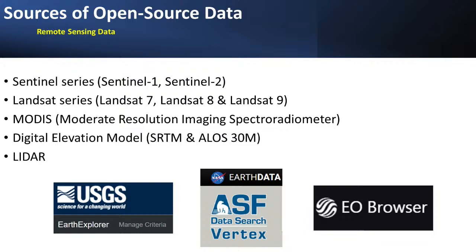And you also have the Landsat series data: Landsat 7, Landsat 8, and also Landsat 9. These are also a constellation. With Landsat 7, however, there were technical glitches because some of the bands have what you call lines and strips.